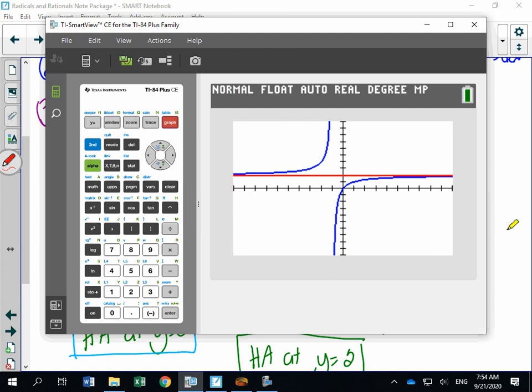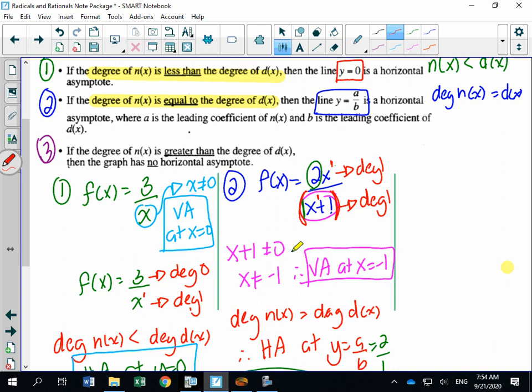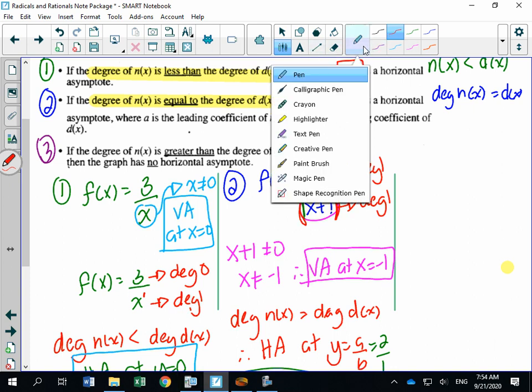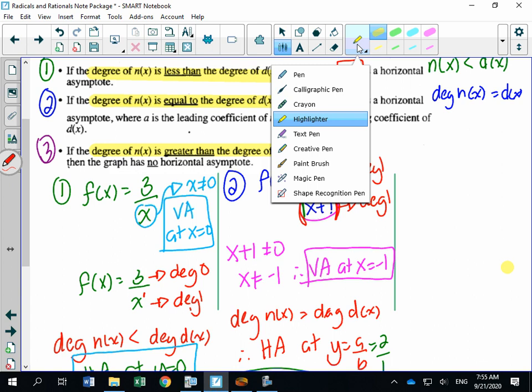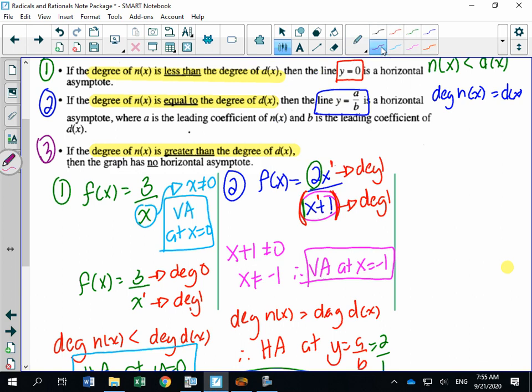Okay? The third example of horizontal asymptotes, and then the rest of this video will be just applying these 3 examples: the degree of n of x is greater than the degree of d of x. So let's look at an example for this.